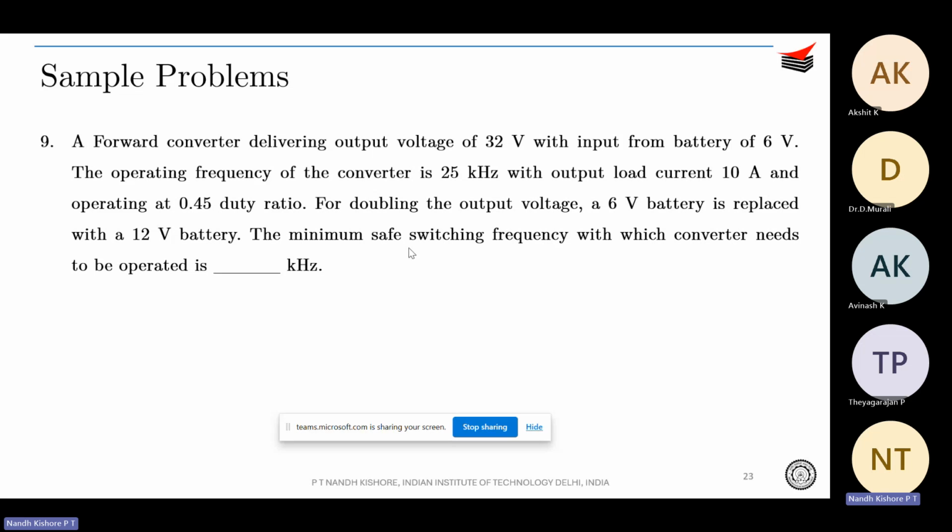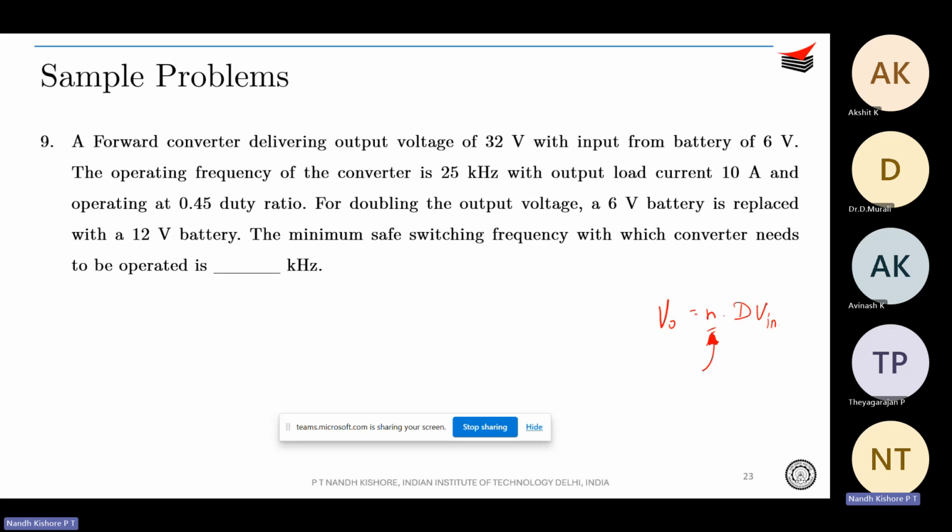Okay. So you would know that your forward converter is something like V naught is equal to N into D into V in. So this N is the control handle that allows you to have a higher V naught than V in.